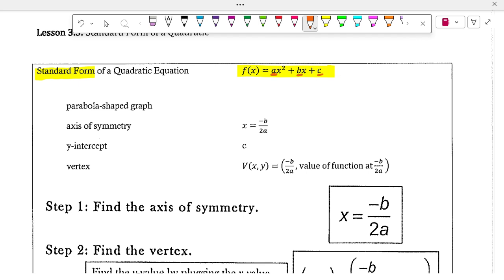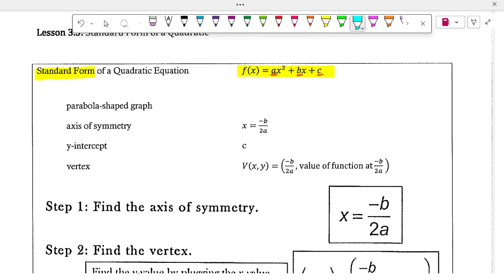Always. All right. Just so you're aware, because being able to identify those three letters or numbers or whatever will help you tremendously, one, with formulas. As you can see, we're about to learn a small formula, but when we get to quadratic formula, which is pretty extensive, you got to be able to identify those.